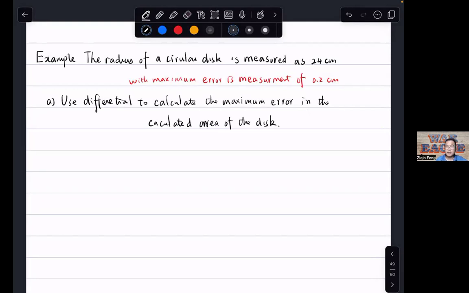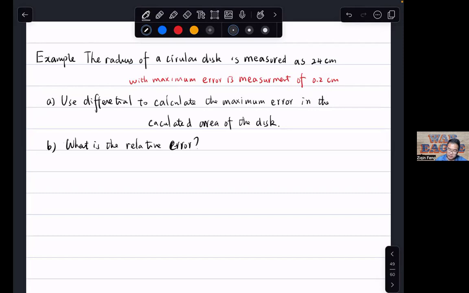After that, you want to do something else. You want to get the relative error. Just calculate the possible error, then divide it by the area you have calculated.